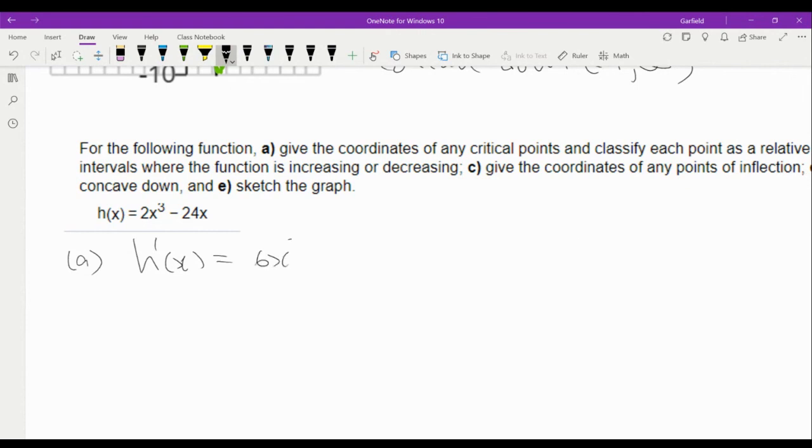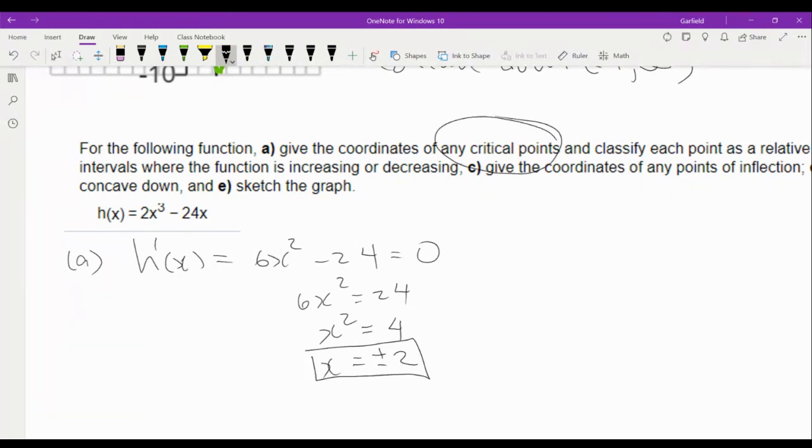So that's going to be 6x squared minus 24. And if it's a fraction, we have to see where it also does not exist. So this becomes 6x squared is equal to 24, or x squared is equal to 4. So x is equal to plus or minus 2. So we have two critical numbers here. So that's the first point.